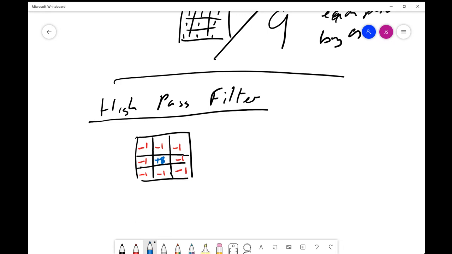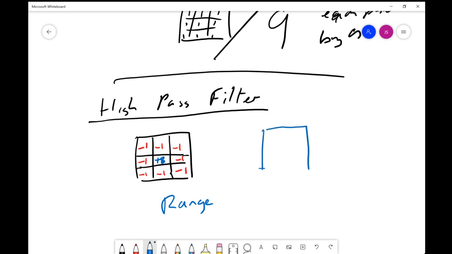And if you work out the theoretical range of outputs, the lowest case is when the image is totally white and the center pixel is black.